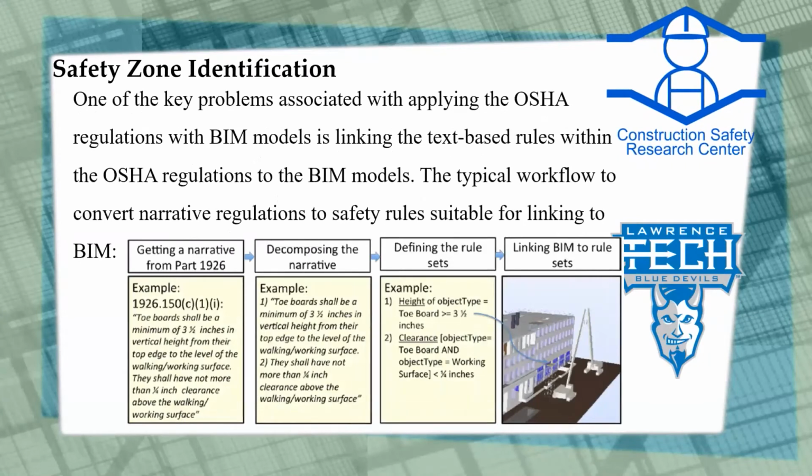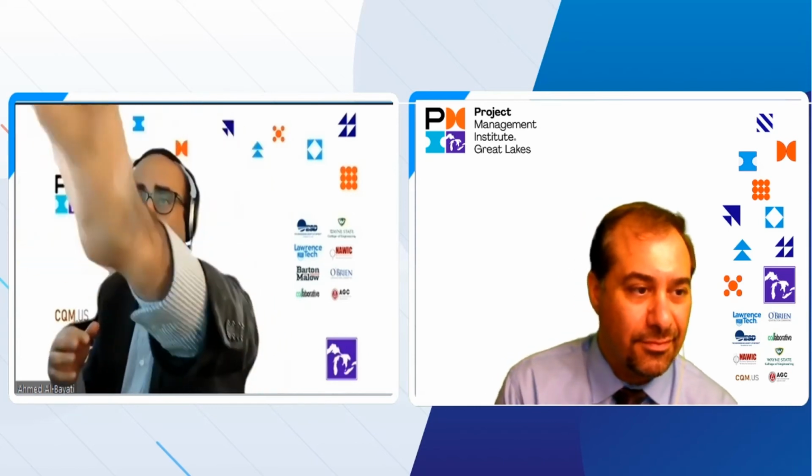One of the key problems associated with applying the OSHA regulations with BIM models is linking the text-based rules within the OSHA regulation to the BIM models. The typical workflow to convert narrative regulation to safety rules that could be linked to BIM is these 4 steps.